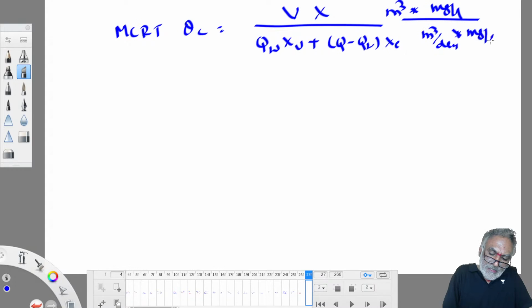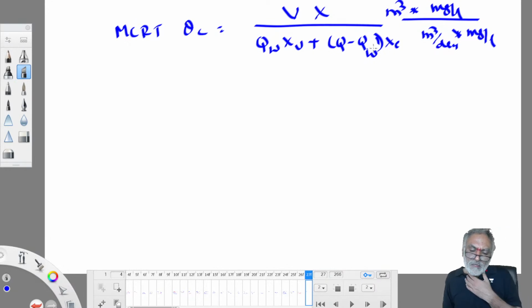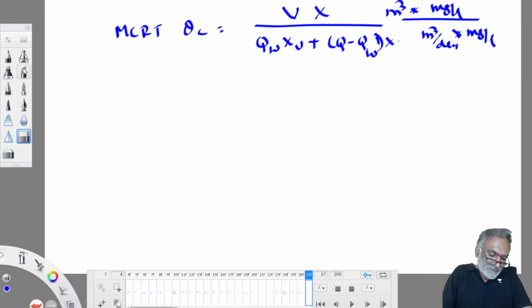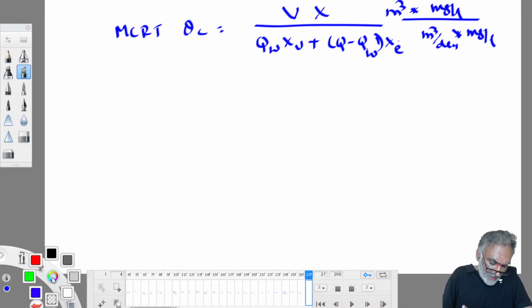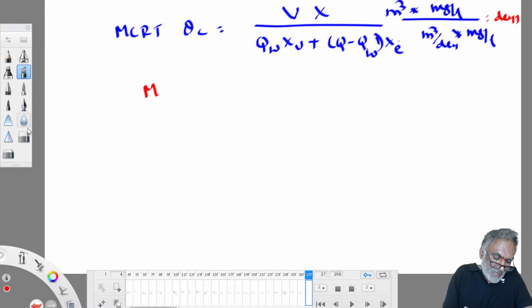Similarly here also Qs in meter cube per day, and X values in milligram per liter. So milligram per liter will go off, meter cube will go off, you are left with days. So mean cell residence time, normally we provide 4 to 15 days.